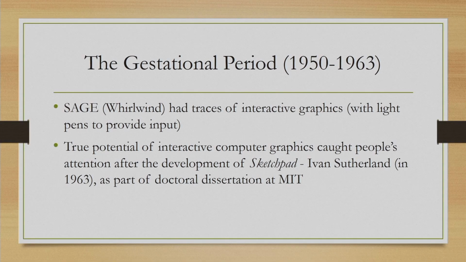So, as I said, the system SAGE, which is part of the Whirlwind system, had traces of interactive graphics, where the interaction was done with the help of the light gun or the light pens, but it was still not fully interactive the way we understand interaction in the modern context.